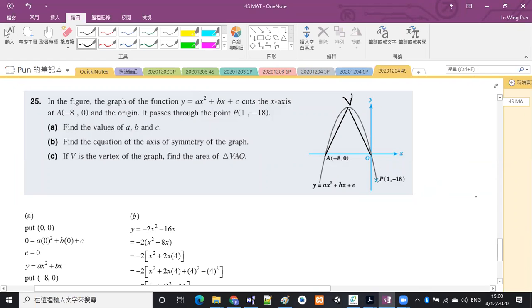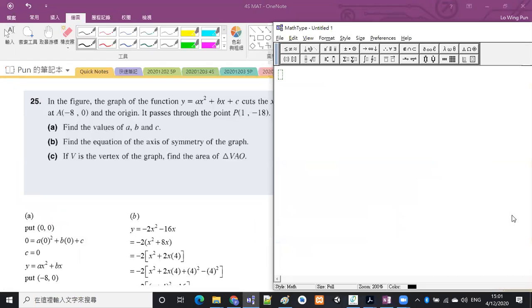And actually we are ready to find the coordinates of the vertex because we have the h value and the k value, right? Okay, so just write down the coordinates of the vertex first.